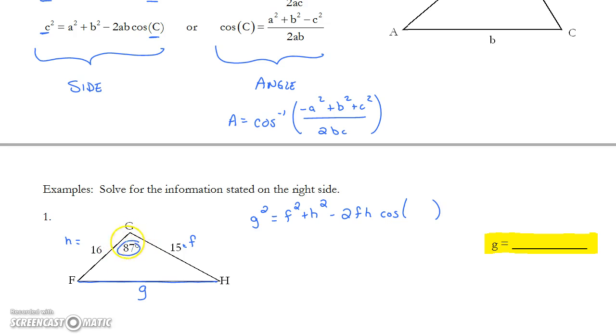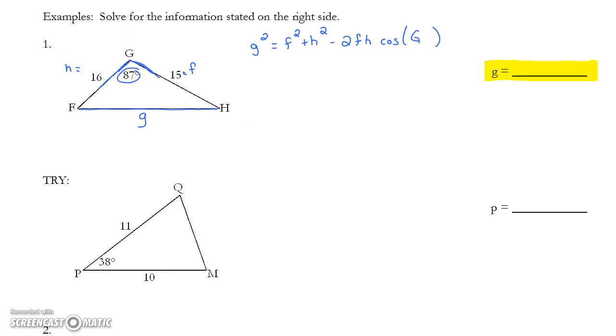This 87-degree angle is formed by, or included between, the 2 side lengths I know. That's the angle measure I'm taking the cosine of. In other words, if I'm using just my symbols, that's angle G. Solving for side g, use angle G.